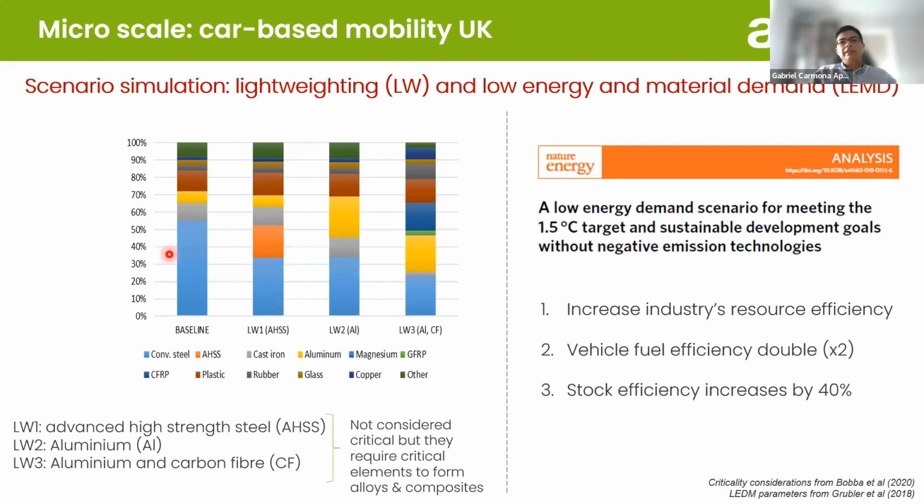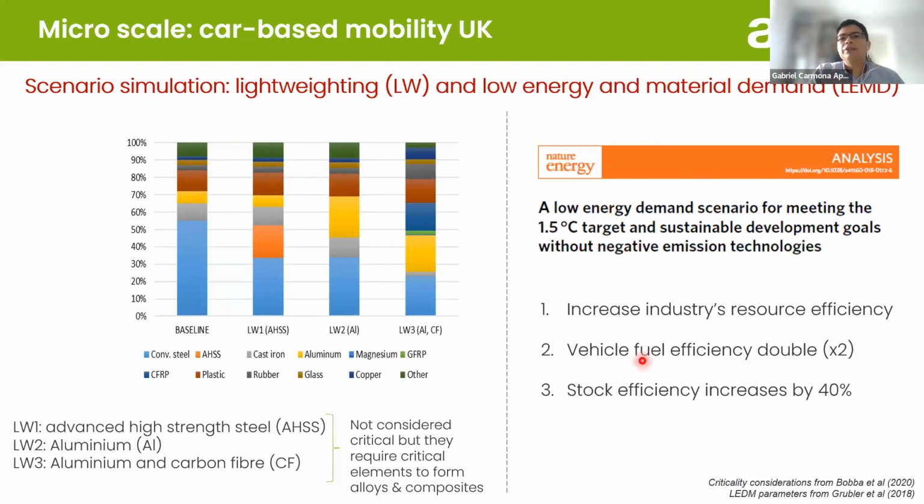Quickly, how can this be improved? For example, using a lightweighting scenario where I'm replacing material with more advanced high-strength steel, or a higher share of aluminium, or a higher share of aluminium and carbon fiber. And that's one way of doing it, which is replacing materials.